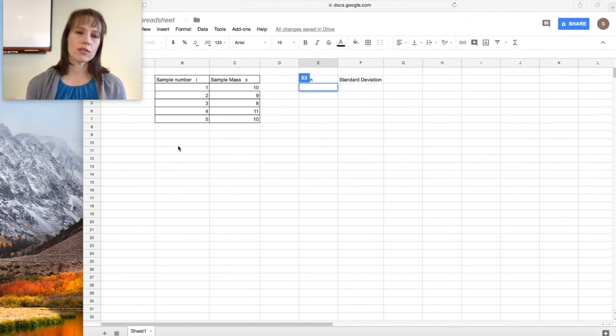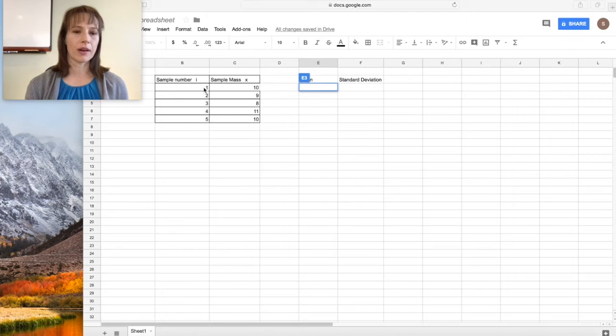You could use Microsoft or Apple products, or I'm just showing you here, for example, Google Sheets. And so I've created a data table, and I've entered the sample numbers as we had before, and the sample mass of each of those.